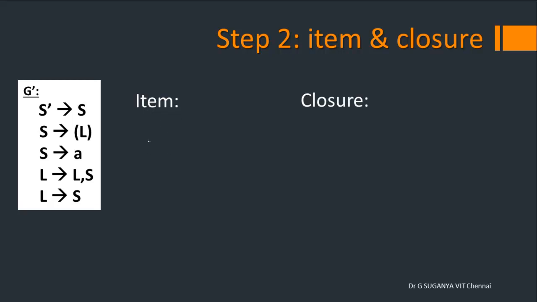For example, if I take S gives (L), I could place the dot over here, or in the same production I could place a dot here, or here, or here. So what's the meaning of the dot? This dot represents how much we have seen in the input till now and how much is expected more.